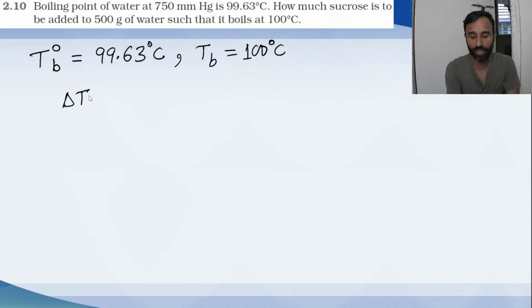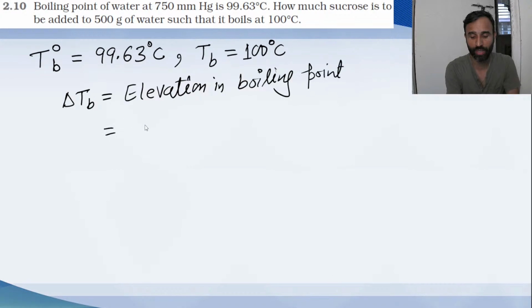So delta TB, what is this? Elevation in boiling point. That is one of the colligative properties. That is equal to TB minus T naught B. TB is 100 minus 99.63.